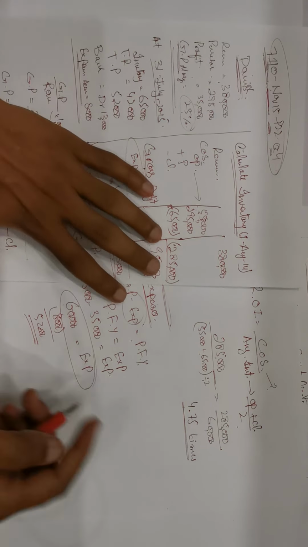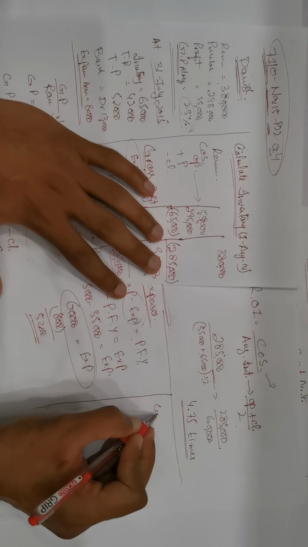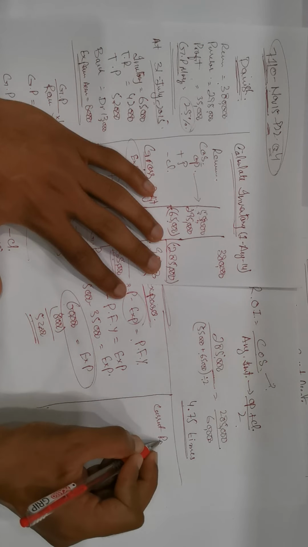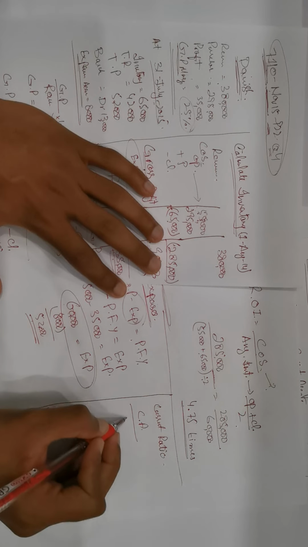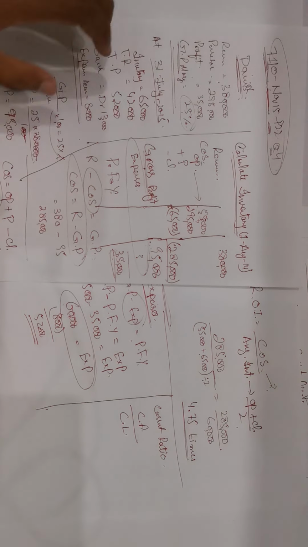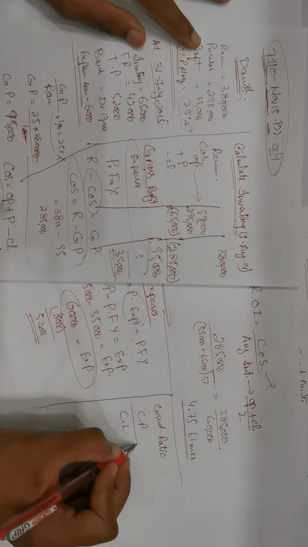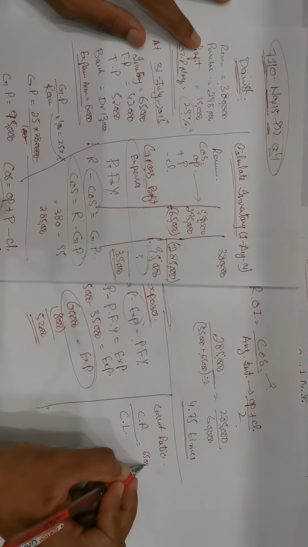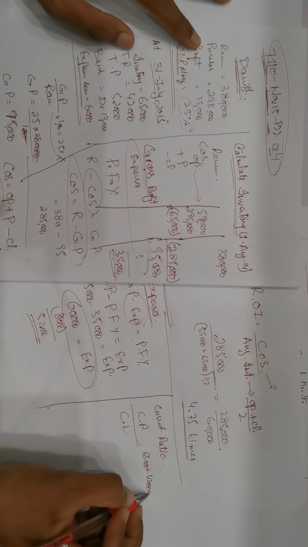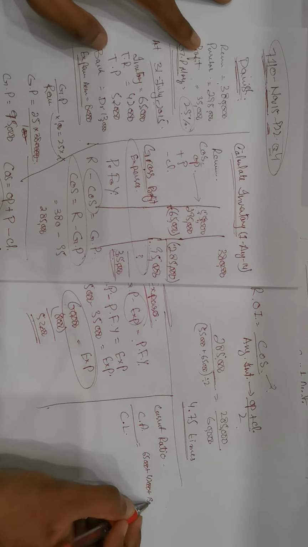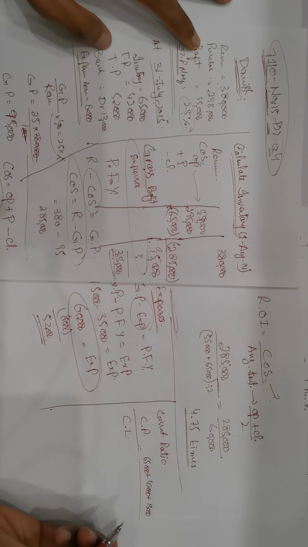The next ratio is working capital ratio, the other name of current ratio. The formula for this is current assets over current liabilities. Now I'm simply going to highlight my assets: inventory of $65,000 plus trade receivables of $42,000 plus bank of $13,000, divided by current liabilities.